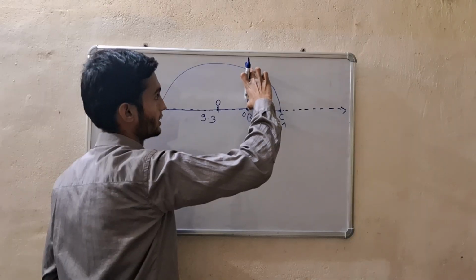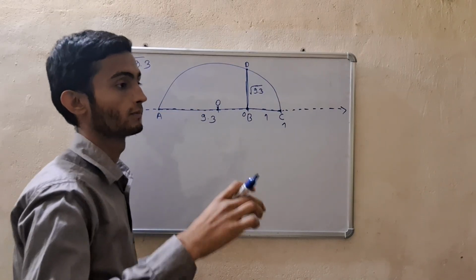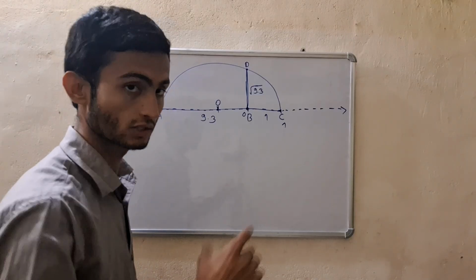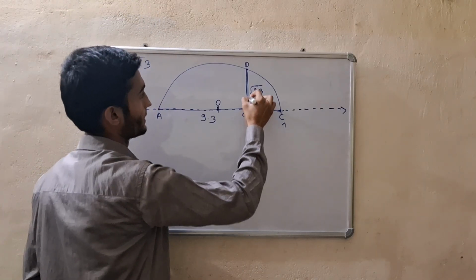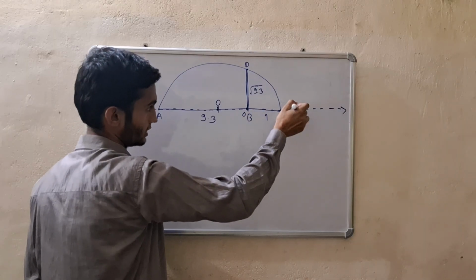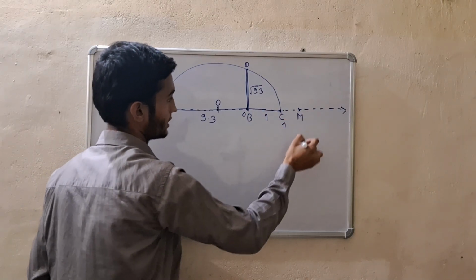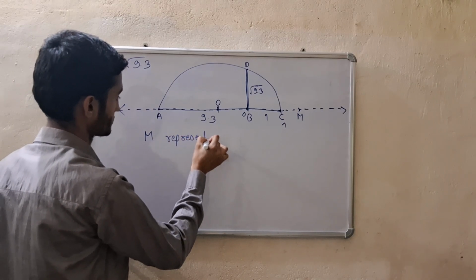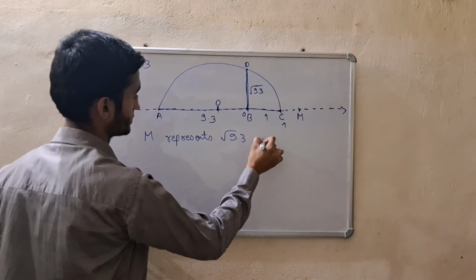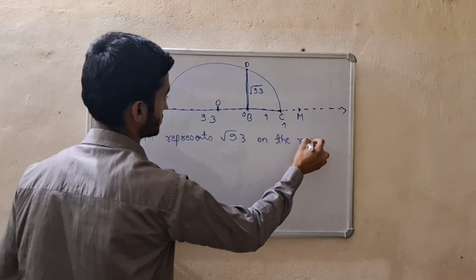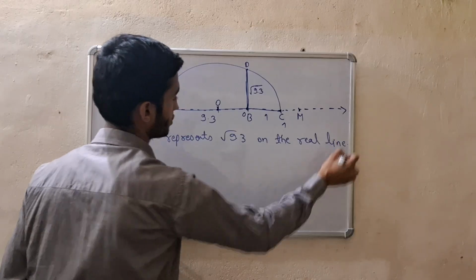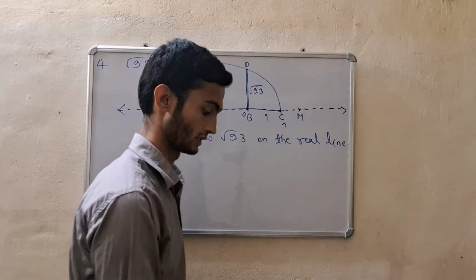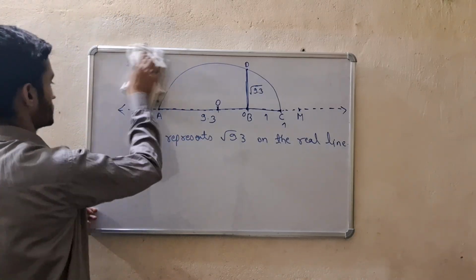Then you can take this length with a divider or that instrument, and then you just draw the arc here. Let's say this is M. Now this point M represents the square root of 9.3 on the real line, right? So this is how we solve or represent this. Now let's move to the fifth question.